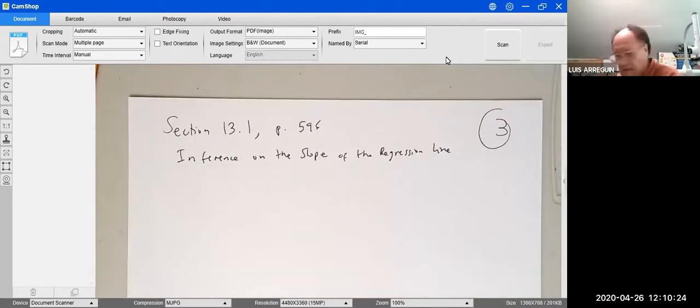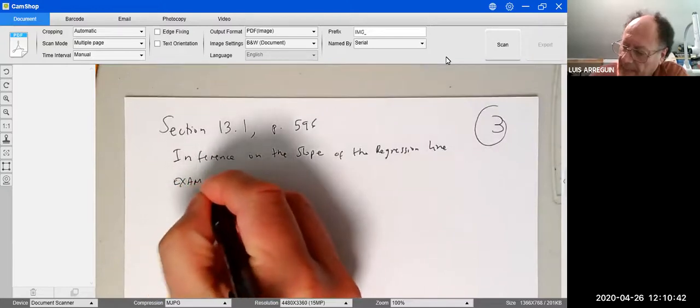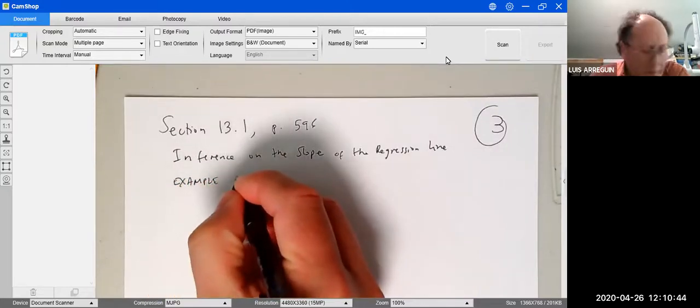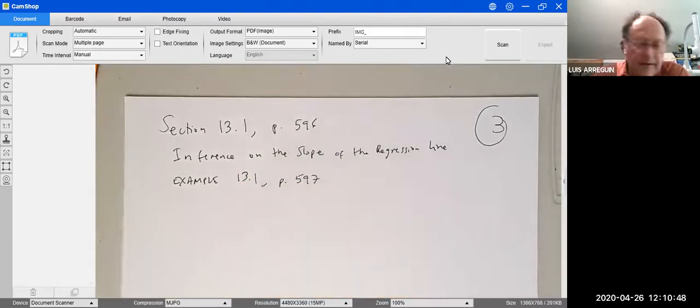So let's see. The first problem that we're gonna solve is example 13.1 on page 597.